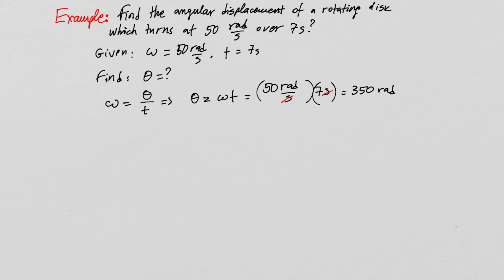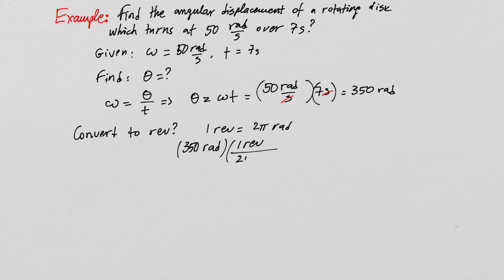Now let's convert this into revolutions. So to convert to revolutions, remember that one revolution has 2 times pi radians. So 350 radians I will multiply by 1 revolution and divide by 2 times pi radians.